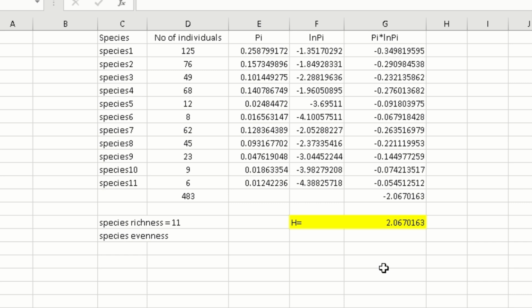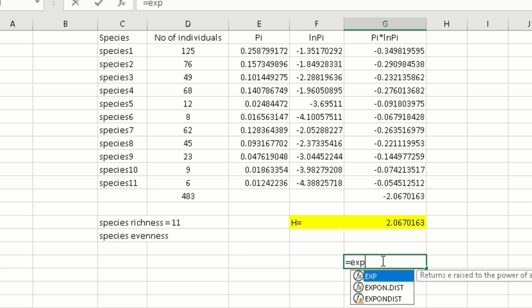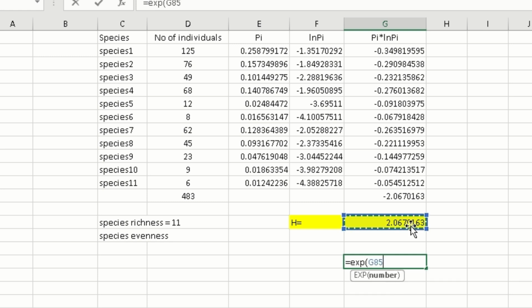So let us convert this value using the exponential. So it is approximately 8.